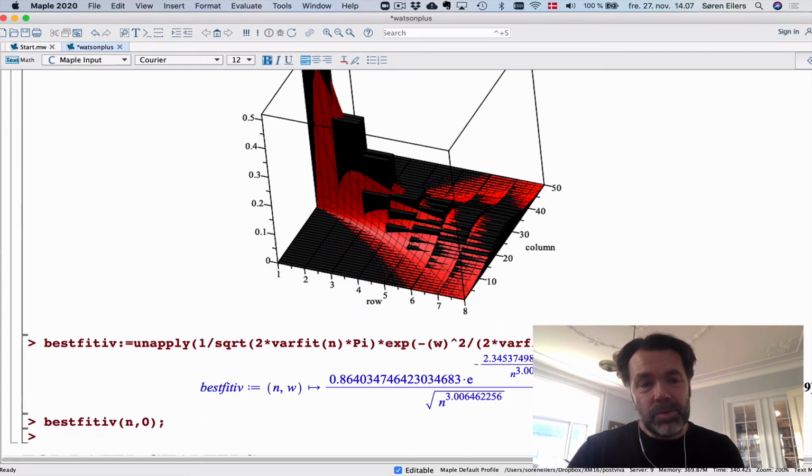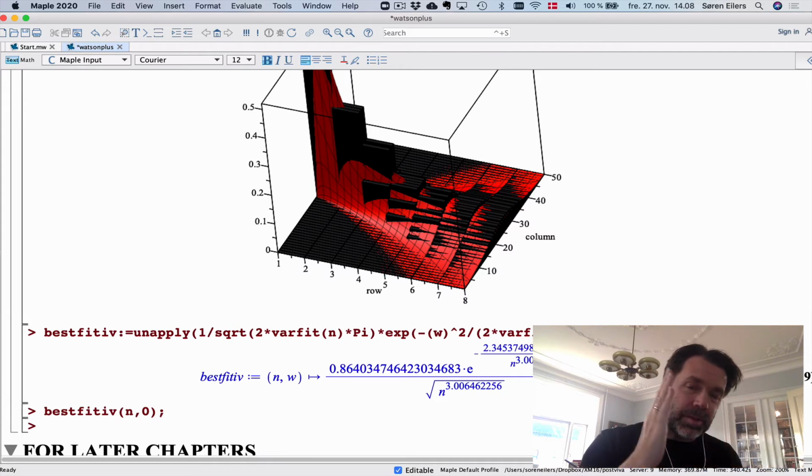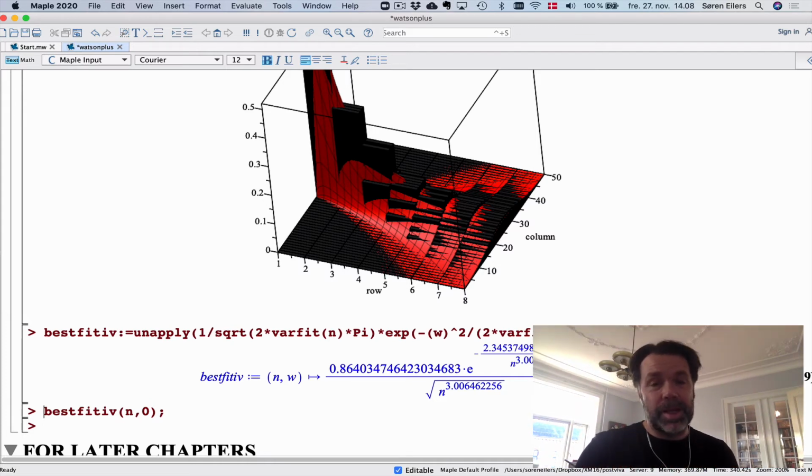And then, the best fit that I found, not only for the number of towers that are maximally stable, but for the number of towers with any given weight, is given by this expression, which is just my fit information put into the standard description of the normal distribution.